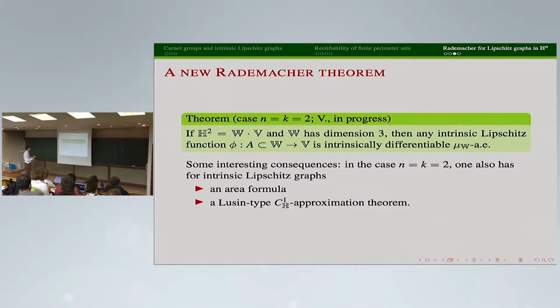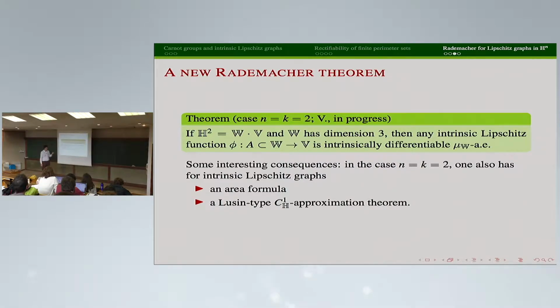Okay, as an almost immediate consequence, when you are able to prove a Rademacher theorem, you basically also have an area formula for such graphs. So you can recover the Hausdorff measure of the graph of the function as an integral on W of some area element. And also a Lusin-type C1 approximation theorem.